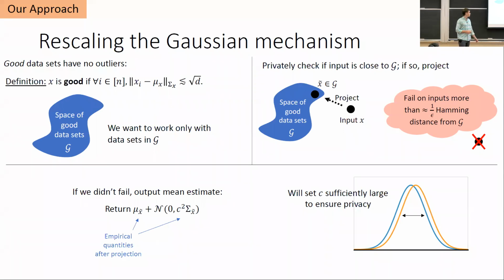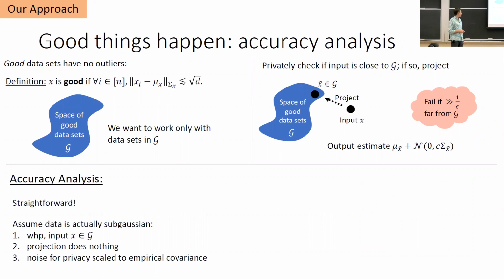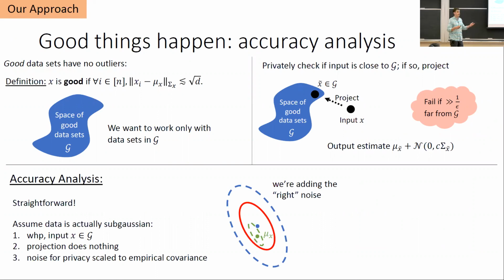We'll talk about that later. Okay, so let's talk about the accuracy analysis of this, which is actually not too hard. If the data is actually sub-Gaussian, our input data set lives in G. So the projection does nothing, and the noise we add is scaled to the empirical covariance of the underlying data. So as I claim, this is the right noise to add.